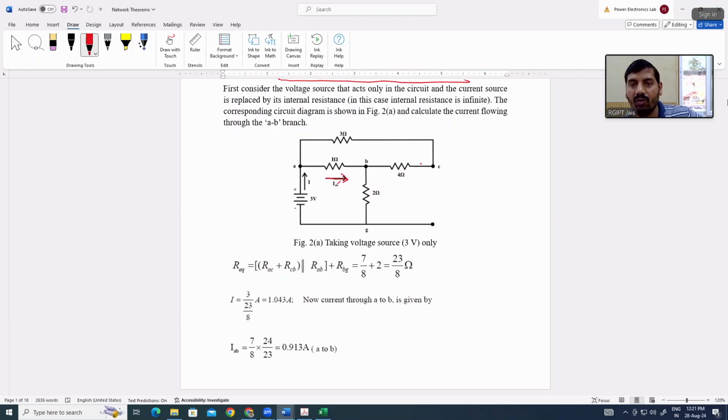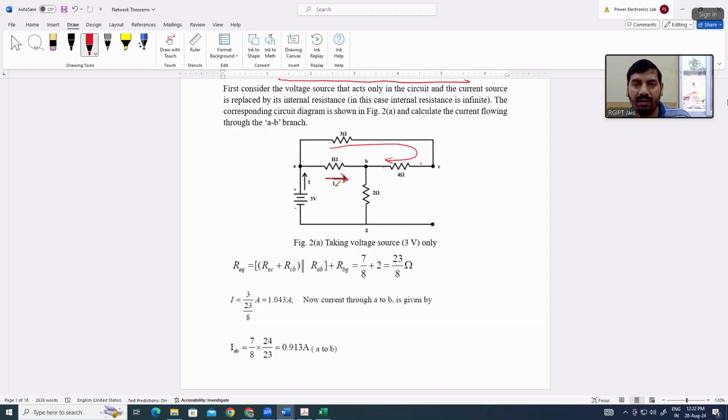While opening these two terminals, these 3 ohm and 4 ohm will be in series combination because the same current will be flowing through both 3 ohm and 4 ohm. So the series combination will be 7 ohm, and parallel to that 7 ohm is RAB, which is 1 ohm. So 7 ohm is parallel to the 1 ohm.